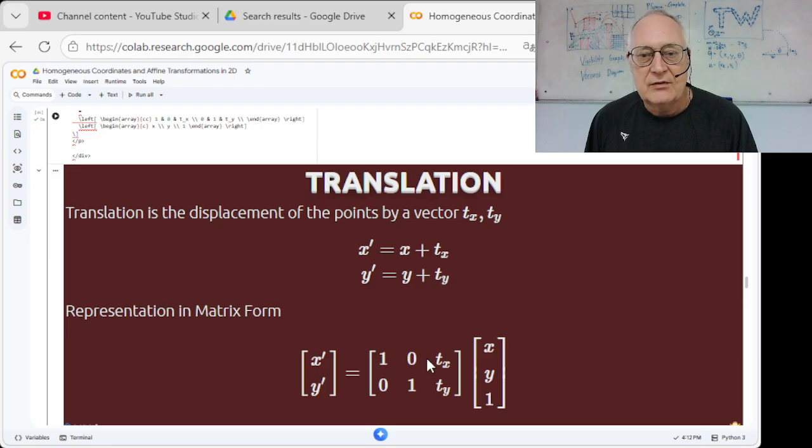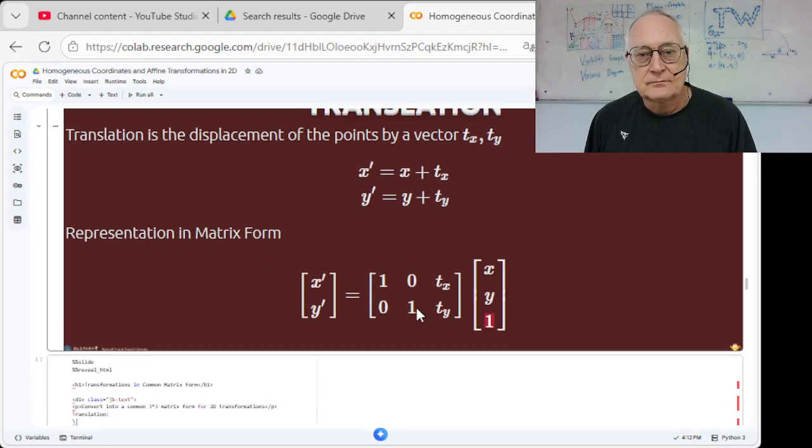So 1x plus dx, but that dx is independent of the y coordinate and the x coordinate. So I need to have a constant term here. That's what's called homogeneous coordinates. So we have this version in order to model translation.